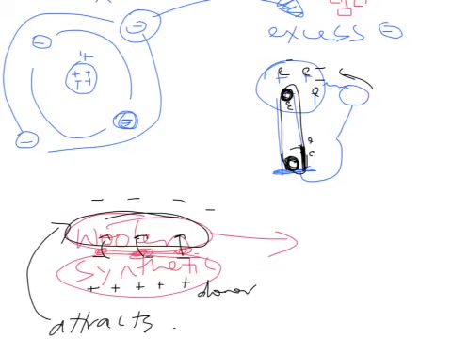Lightning is very similar. Dust in the atmosphere, little dust particles, are moving around through the air, and the dust compared to the air, if I get this around the right way, the dust attracts the electrons, and the air particles do not. They're more likely to donate.